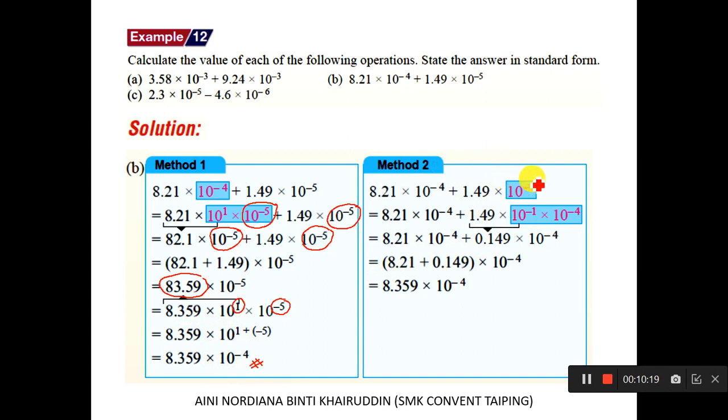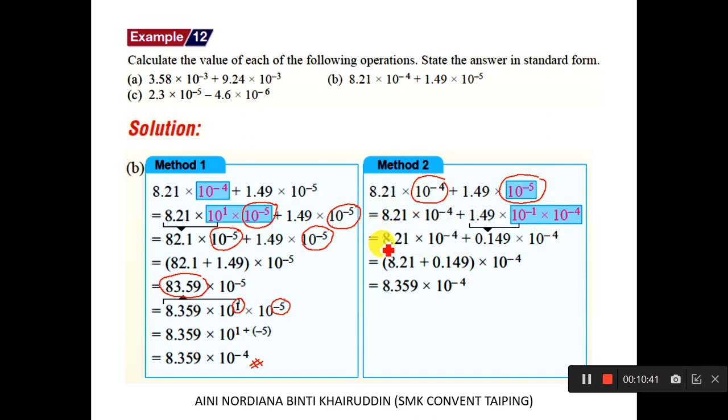For method 2, we change this to 10 to the power of negative 4 because we want it equal to this value, this number. So negative 1 plus negative 4 equals negative 5.